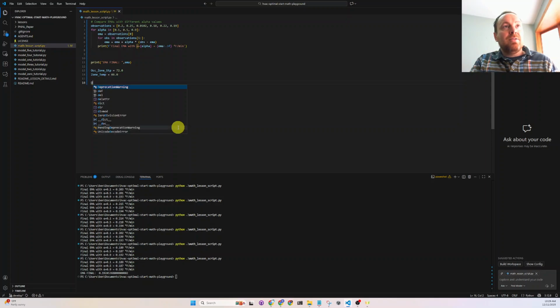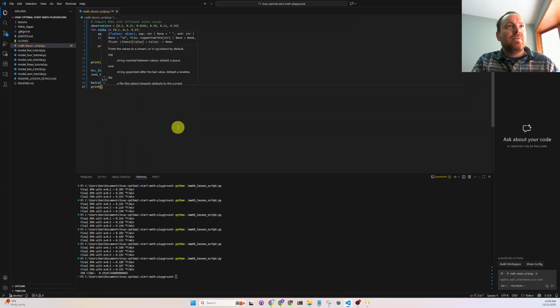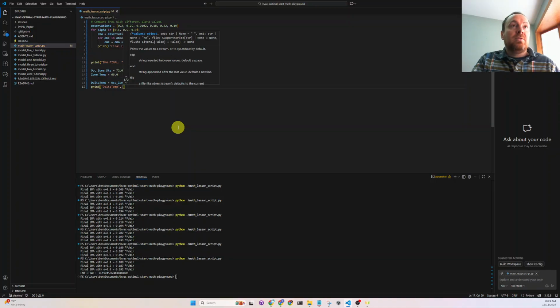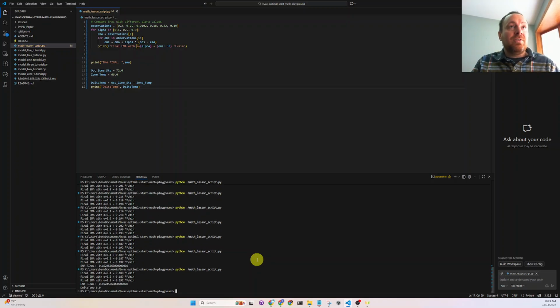So then our delta temp would equal occ zone set point minus the zone temp. If we print our delta temp just for some validation, we have a 6-degree delta temp.